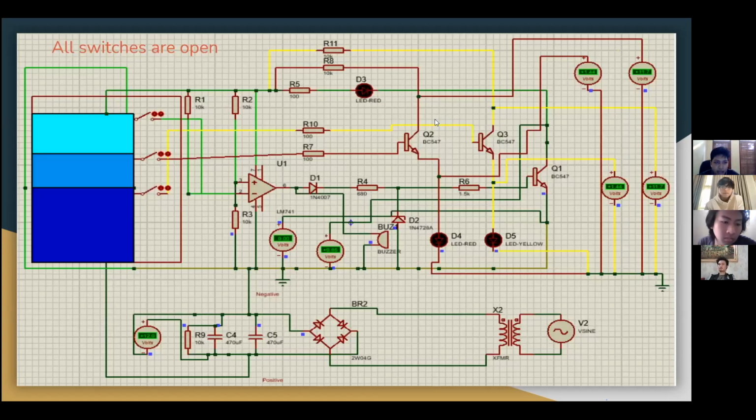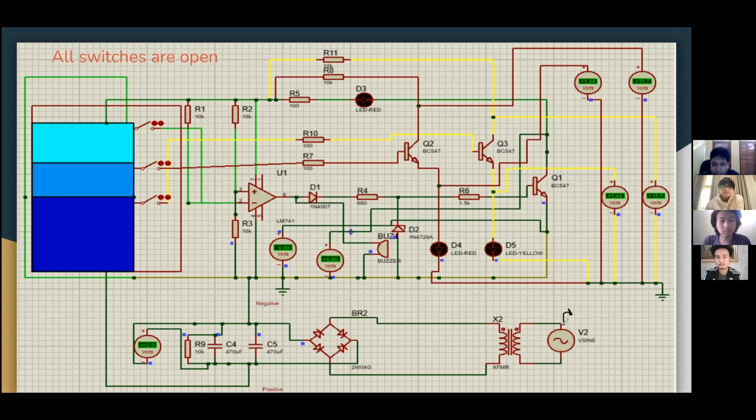Okay, so here I'm going to briefly explain about the adapter of the circuit. So first here we have an AC source. The amplitude is 330. We obtain this number from 220 times the square root of 2.